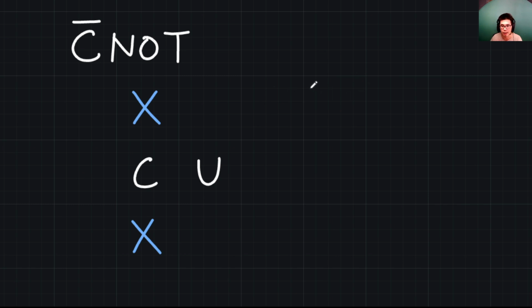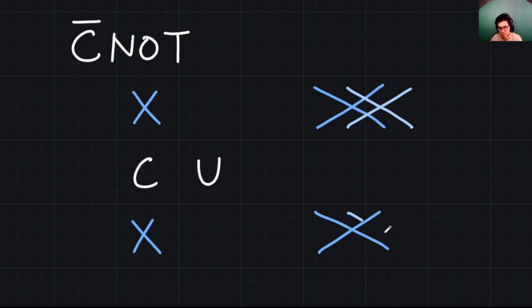So now, how would this circuit look like? So X on the first qubit would mean crisscross over there. So this is the diagram for the X on the first qubit. Then we perform a CU gate.